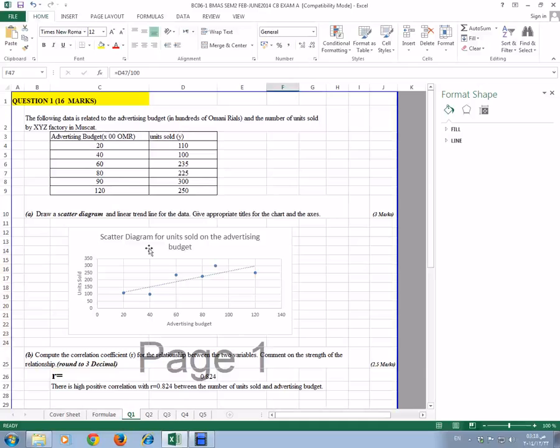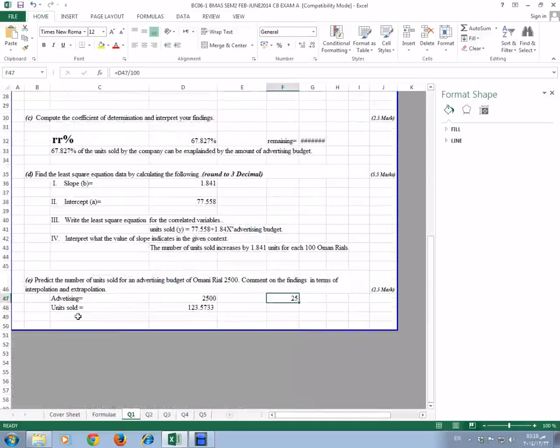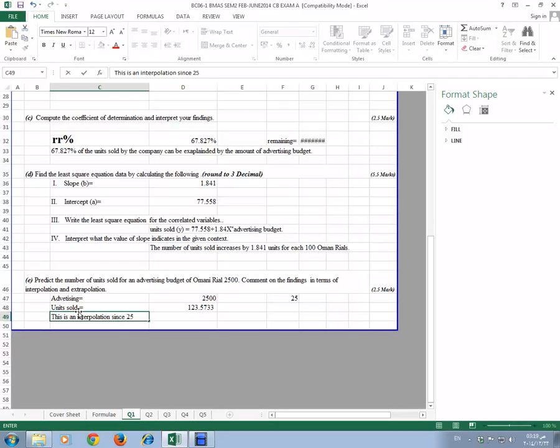Therefore we say this is an interpolation, since 25 is within the range of advertising.